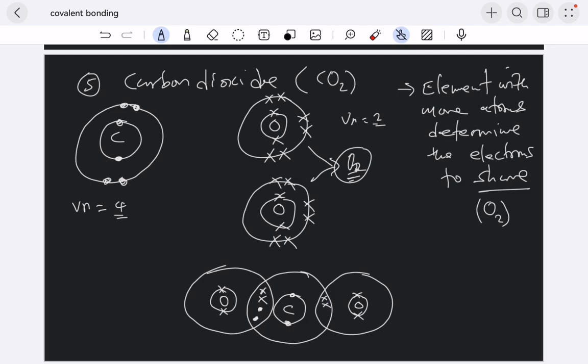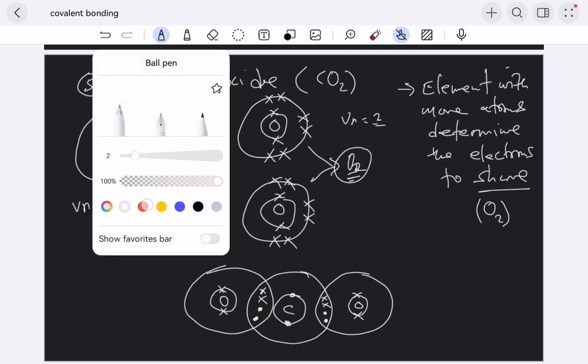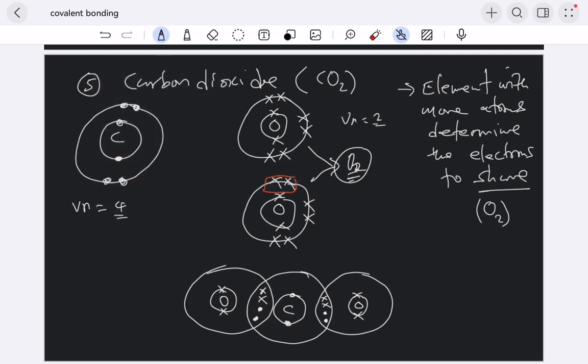Oxygen will put 2 there, carbon will also put 2. Then for oxygen, when they share those, they'll remain with these 4. So those 4 will go outside. And in this case, both oxygen and carbon satisfy the octet rule.